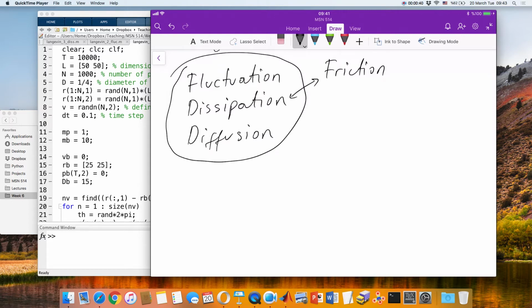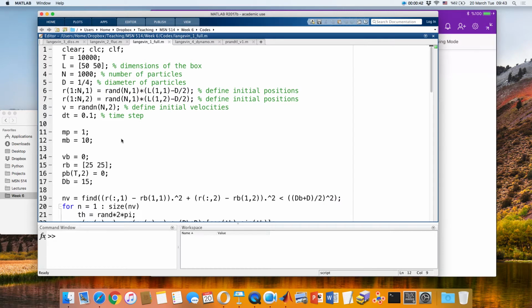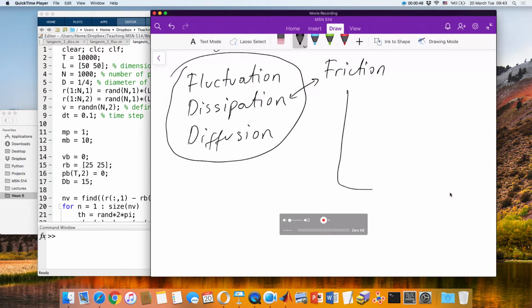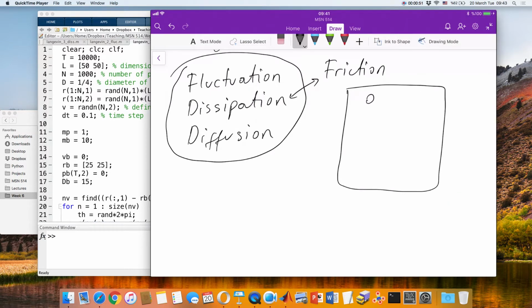So let's start with a code. You remember our code, we had a room filled with balls bouncing off each other. Do you remember that code? So now I will add a big ball, okay, that has larger mass and larger size, okay?